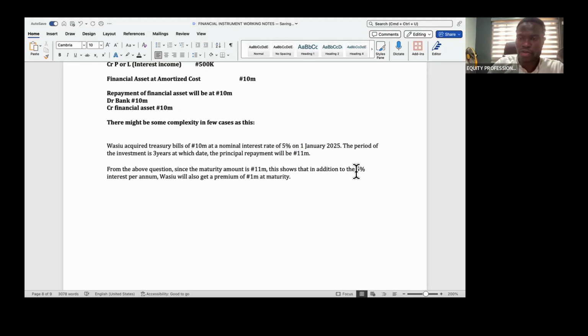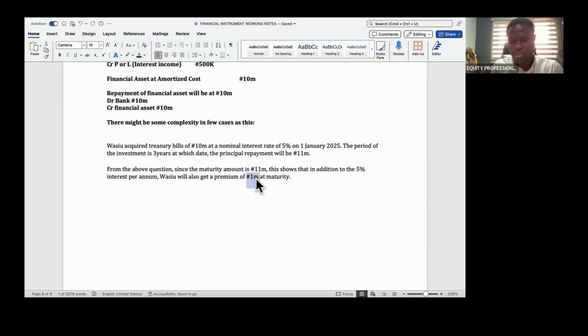It would be wrong for you to recognize 5% interest per annum and wait until maturity before you recognize this 1 million as income, because this extra 1 million premium is also income. It is income that is generated over the 3 years, not income generated in that year alone, because we actually invested for 3 years.